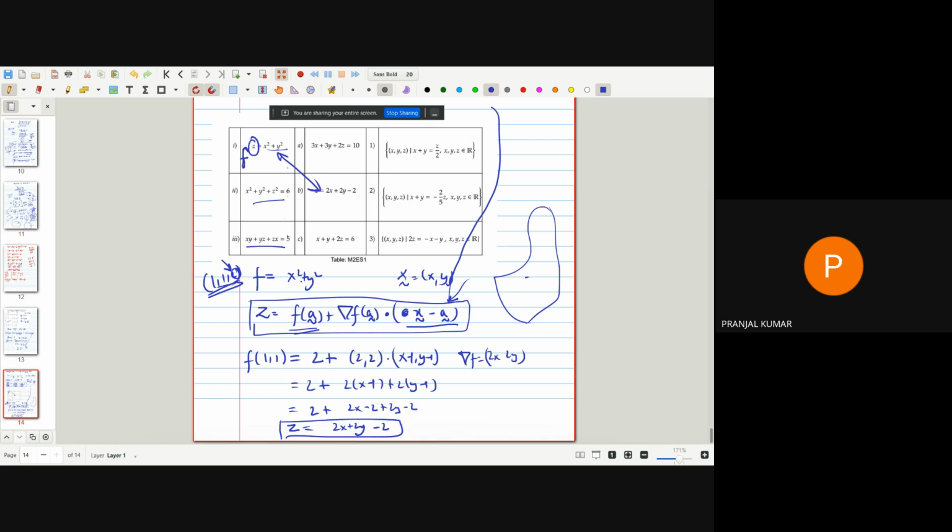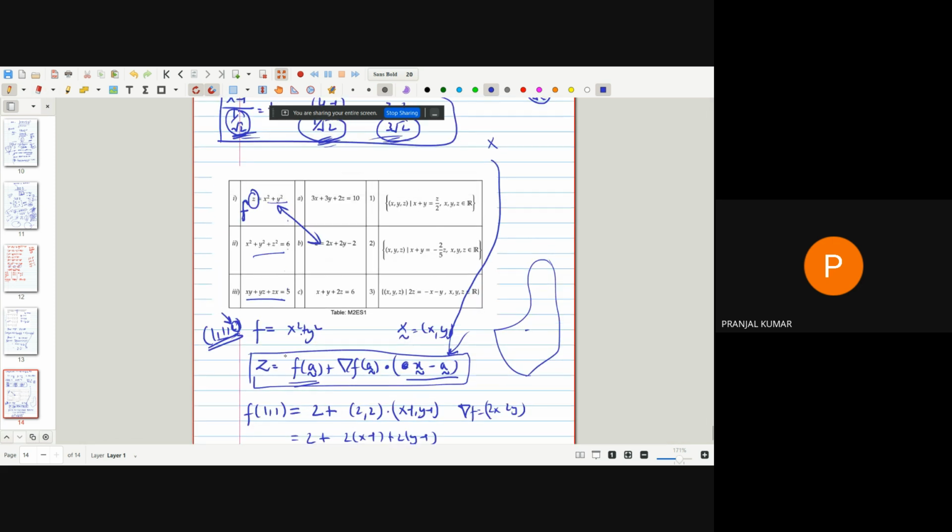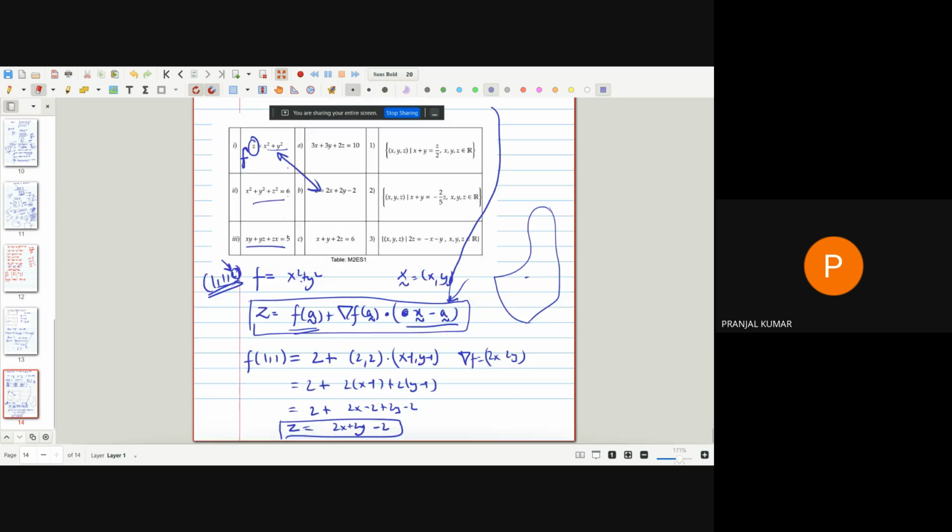Now it is asking you the corresponding subspace. This is a plane and it does not pass through the origin, because the constant term would have been 0 if it had passed through the origin. So any plane which is not passing through the origin is an affine subspace, of dimension 2 in R3.